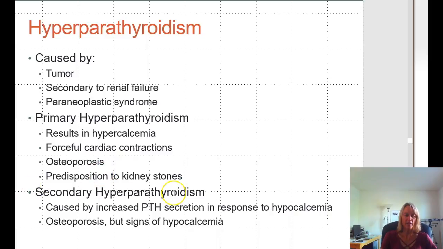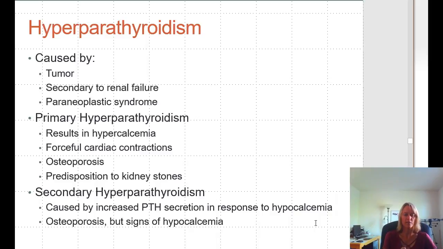Now, secondary hyperparathyroidism is going to be caused by an increased parathyroid hormone secretion in response to hypocalcemia. So this could occur, like, with kidney failure. So if you have kidney failure and you have low calcium levels because you're not able to activate vitamin D, the low calcium levels are going to stimulate more parathyroid hormone.